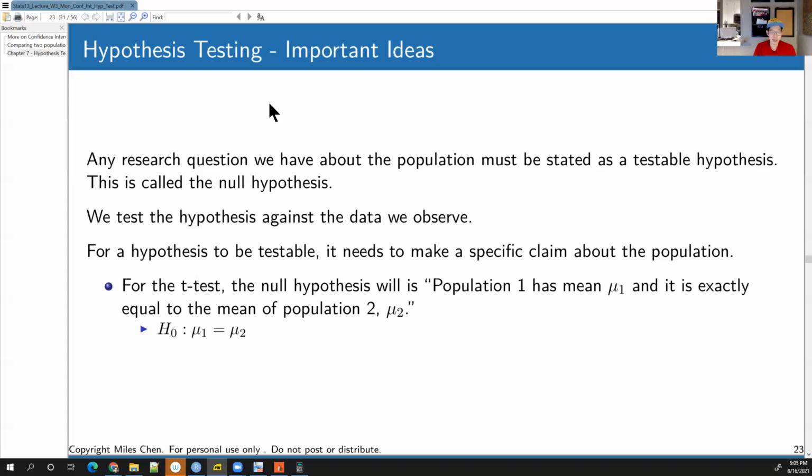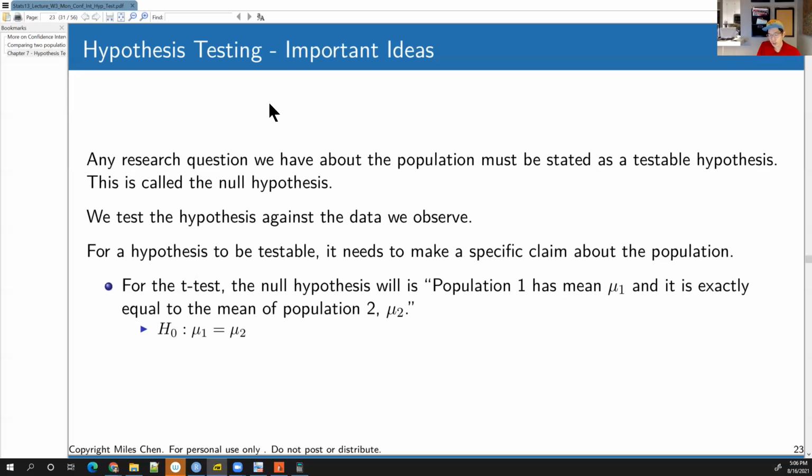Okay, and the hypothesis that we're going to test is known as the null hypothesis. And what we do is we take that null hypothesis and we test it against the data we observe, right? That's the whole idea of hypothesis testing. We're going to test this premise against the data we observe, right?